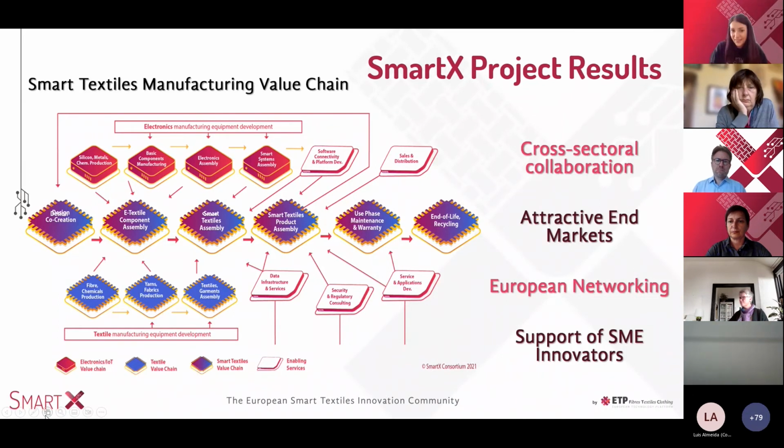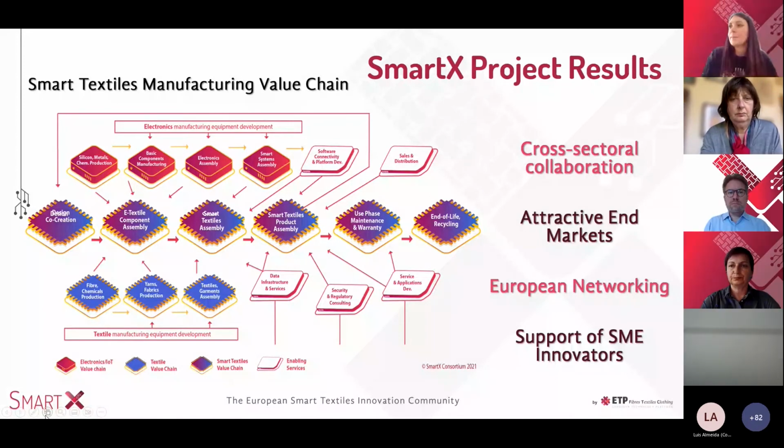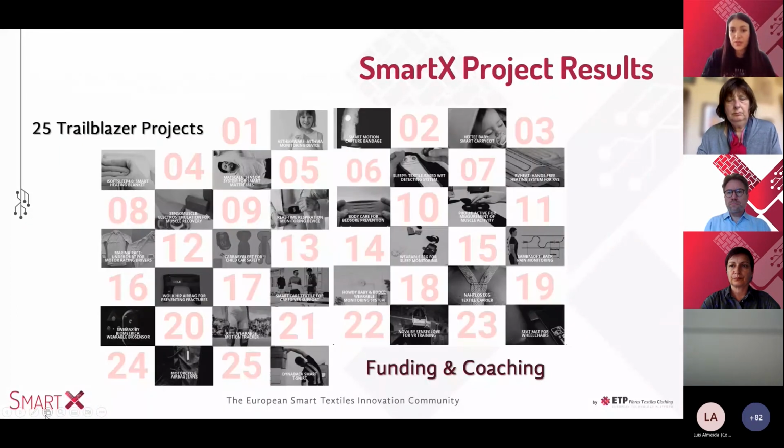To do it, it's key to have cross-sectorial collaboration to identify attractive end markets, and it's important to have a European network and, of course, supporting innovators, SME innovators, sorry. During the 3-year project, we found 25 projects that introduced really interesting solutions, solving some key issues in the different end markets.